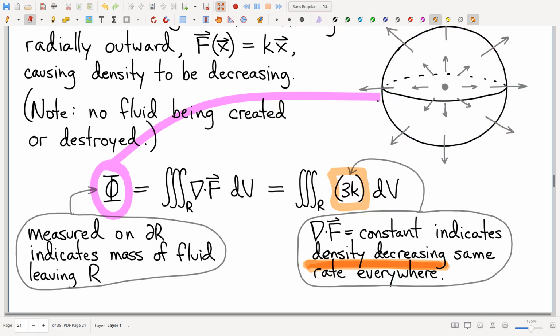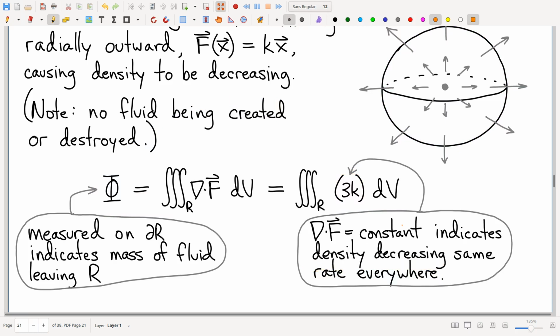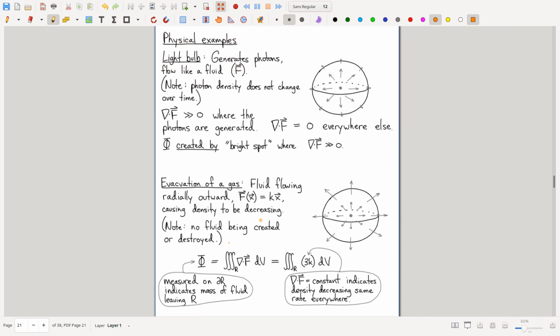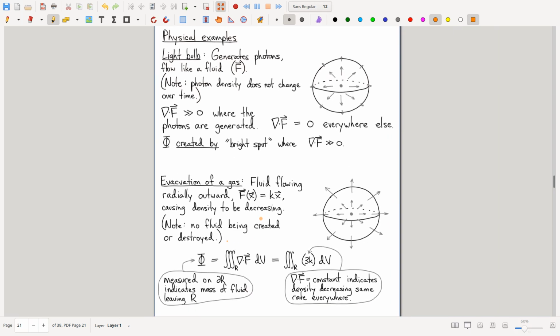So I emphasize you have to think carefully about your physical scenario when you're making interpretations of divergence, and in particular, notice that a flow of photons and a flow of gas, these are very different things.